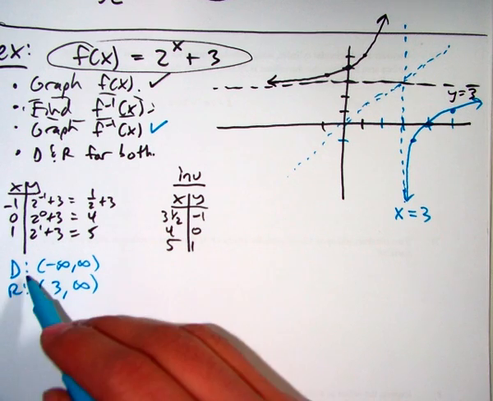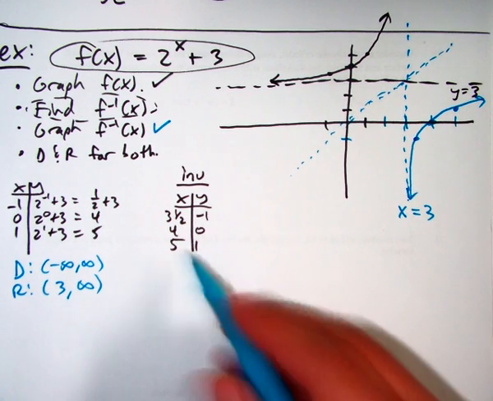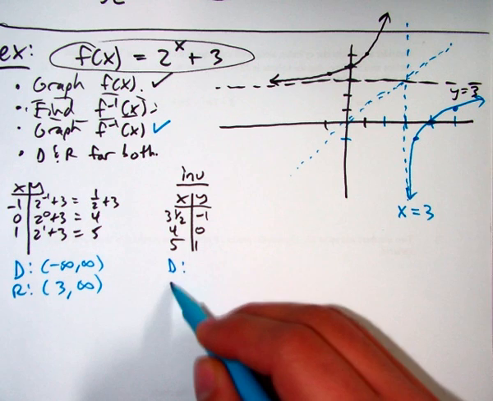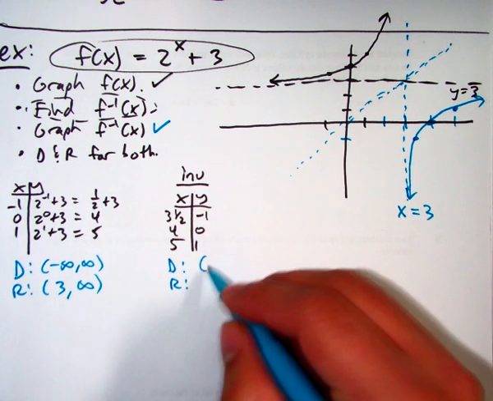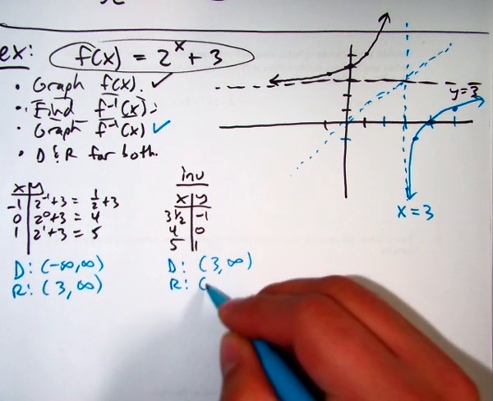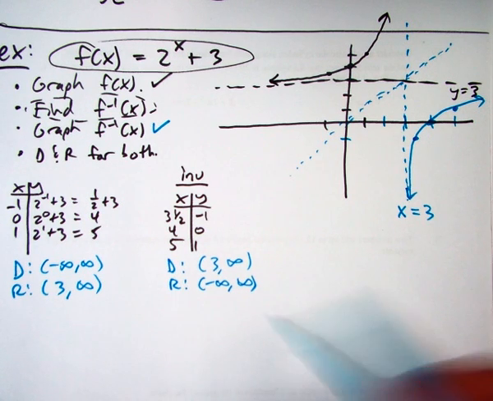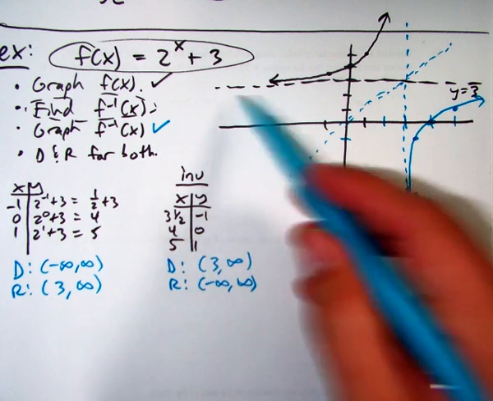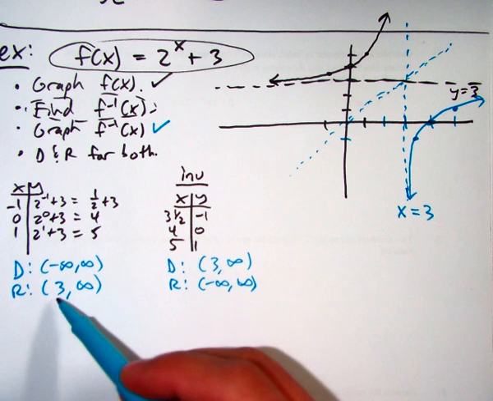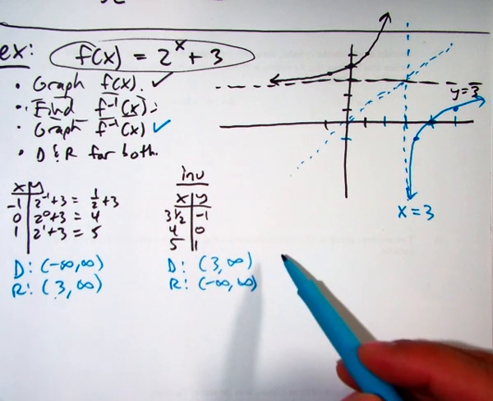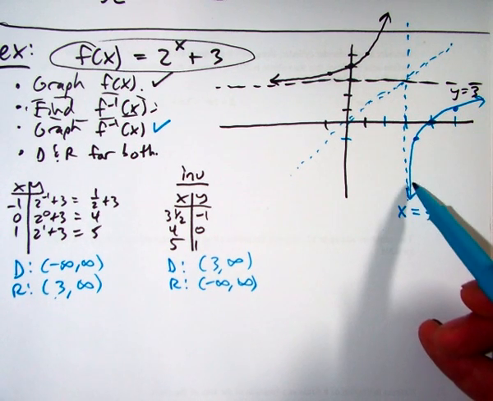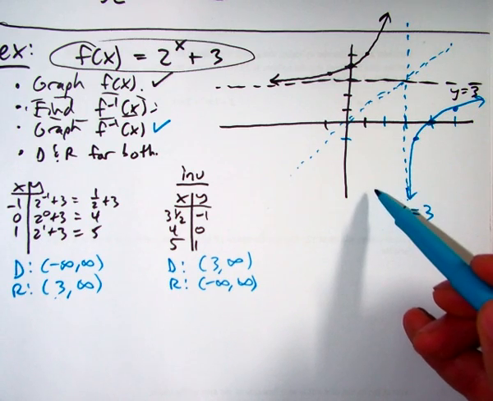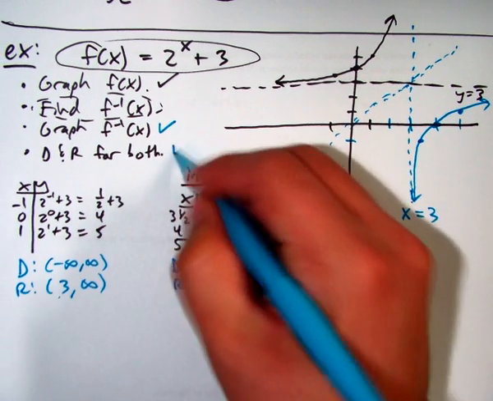When we do the inverse, remember that if x's and y's switch, the domain and range are going to switch. So now the domain is from 3 to infinity, and the range is from -infinity to infinity, and that kind of makes sense. If you have a horizontal asymptote at y equals 3, you can't go any lower than 3. When you switch that, now it just means we can't go any more left than x equals 3. Okay, so that's the domain and range for both.